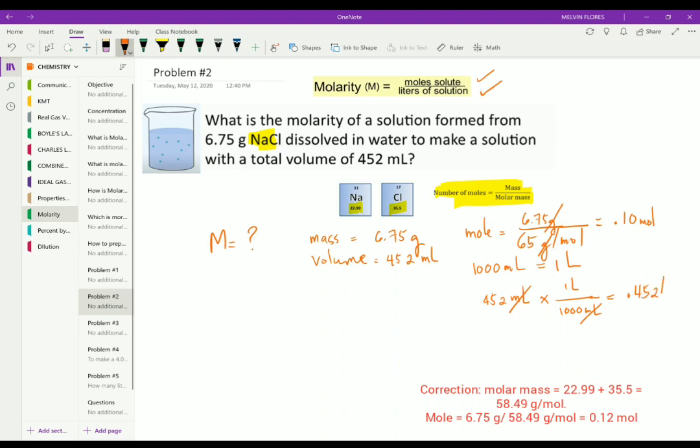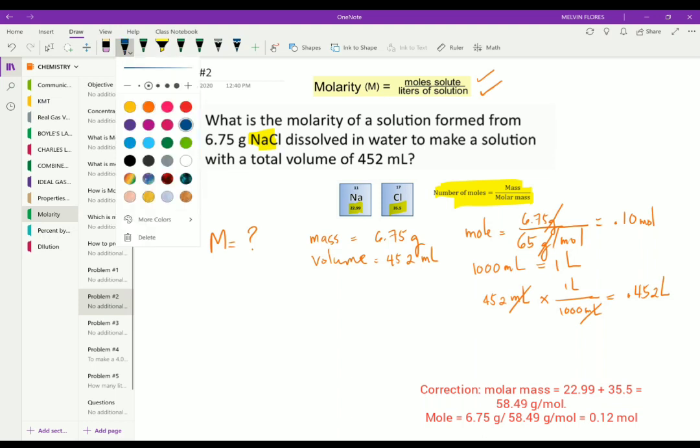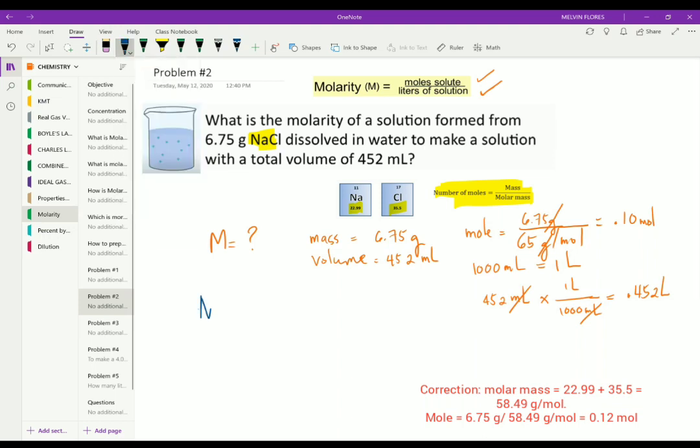Now we have the mole and we have the liter, which we need for our calculation. Molarity equals n over V. The number of moles is 0.10 mole NaCl divided by 0.452 liter.